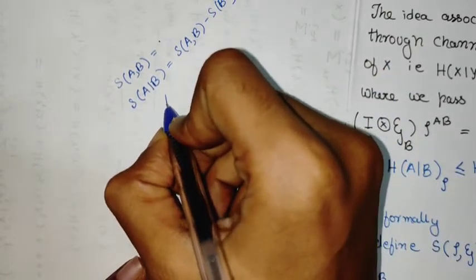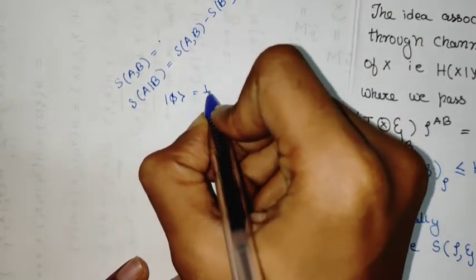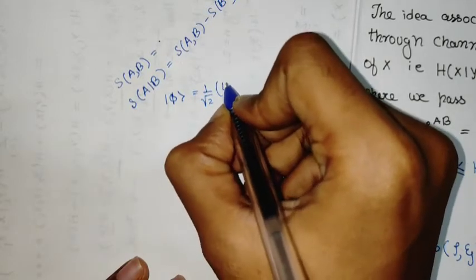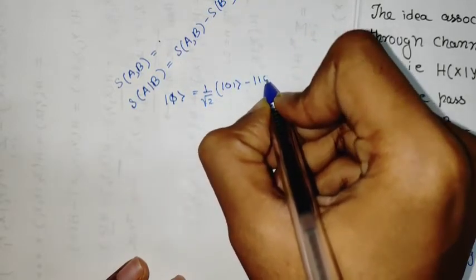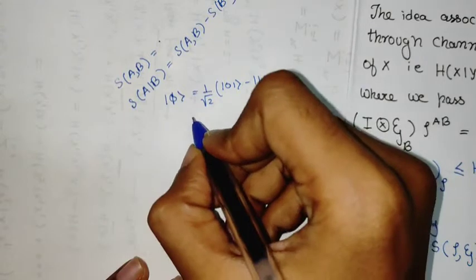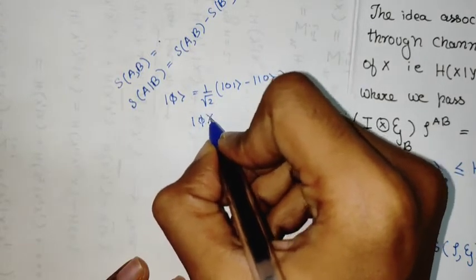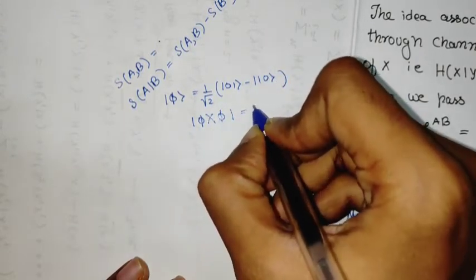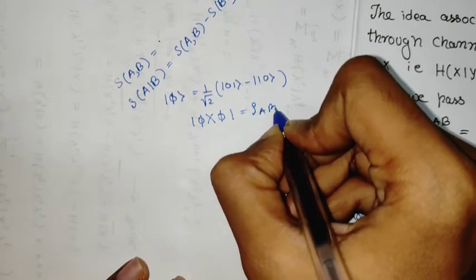We can consider a state phi, which is a singlet state, 0 1 minus 1 0, and then we can take phi to be a joint state rho AB.